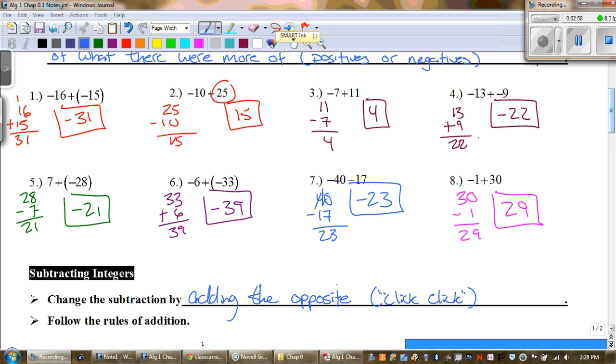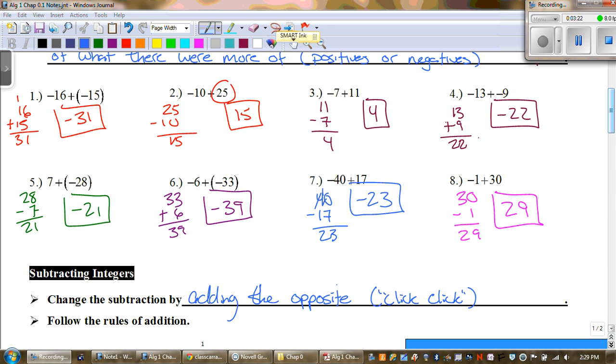Okay, and there you go. So 7 plus negative 28, we have more negatives, so we subtract the 2. 28 minus 7 gives us negative 21. Negative 6 plus negative 33, I'm going to put the bigger number on top. They're the same sign, so we add them, and we get negative 39.